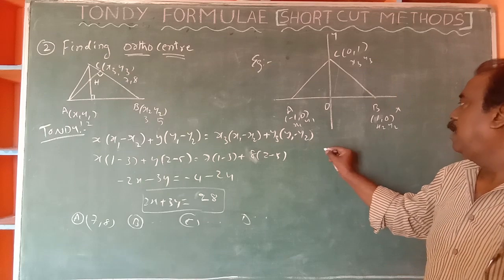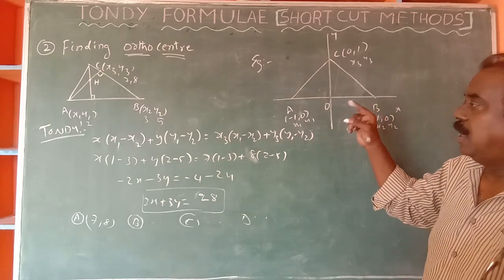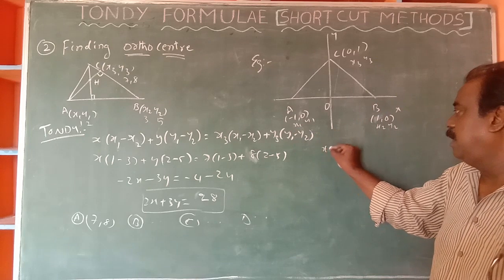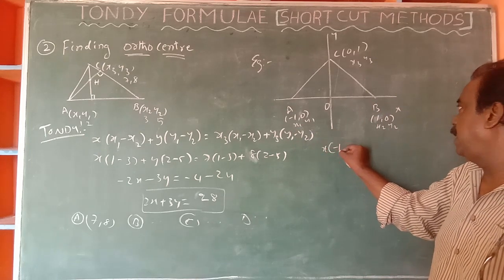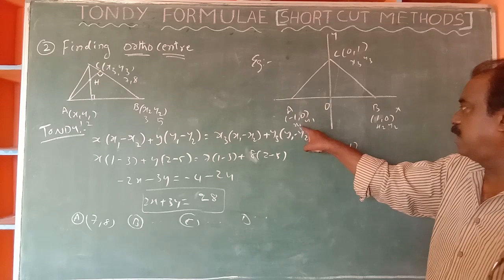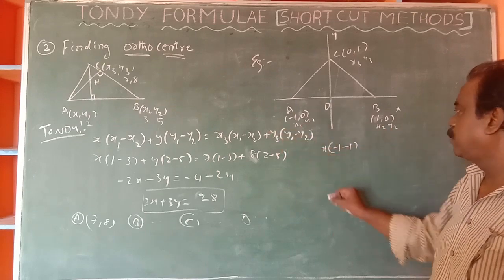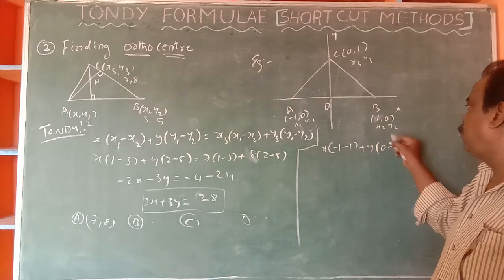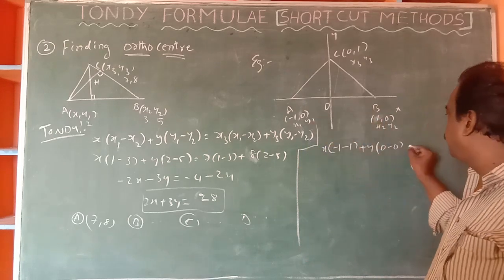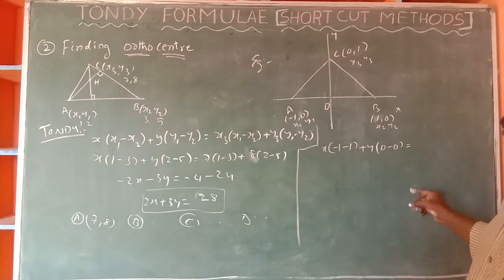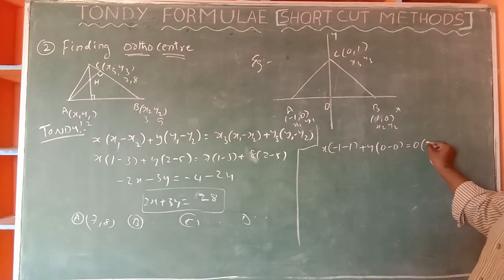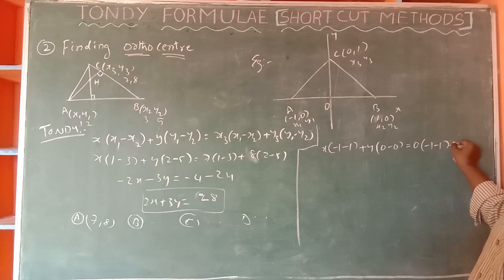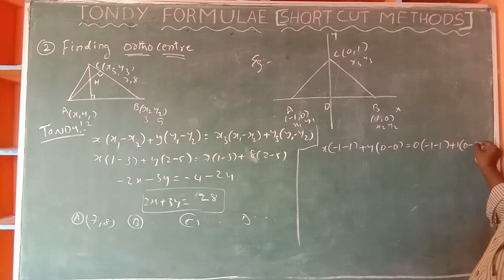Now by using the Tondy formula, x of (x1 minus x2), that is minus 1 minus 1, plus y of (0 minus 0), is equal to x3 of (minus 1 minus 1), that is 0, plus y3, which is 1, of (0 minus 0).